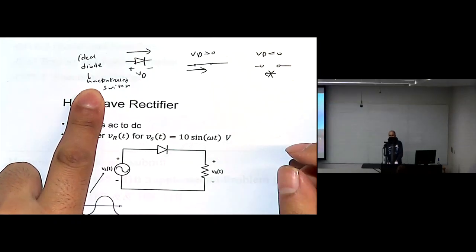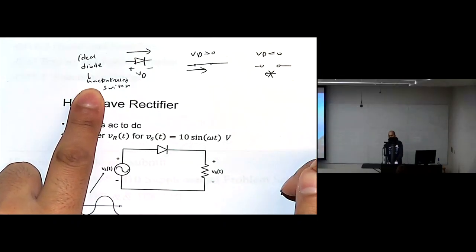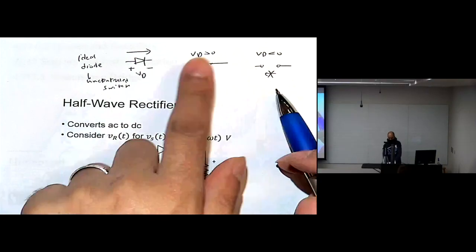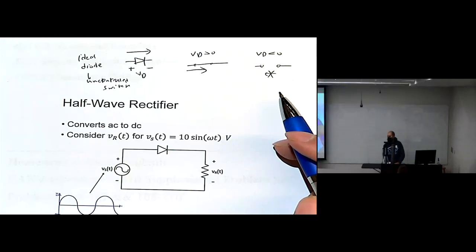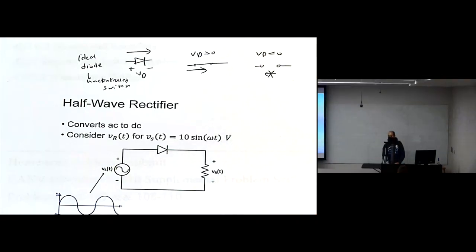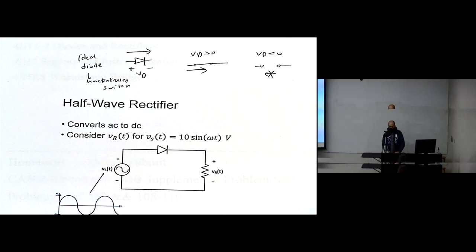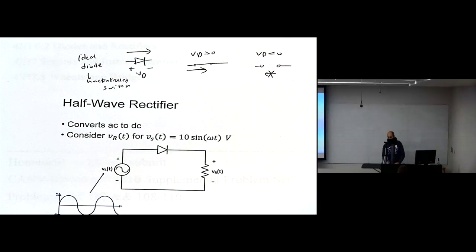Because I cannot say, let me open it now or let me close it. I don't have any access. The only way it's turned on or off is based on the polarity of the voltage or the current direction. So I don't have direct access to this switch to control it. That's why it's an uncontrolled switch, and the word uncontrolled is very important.